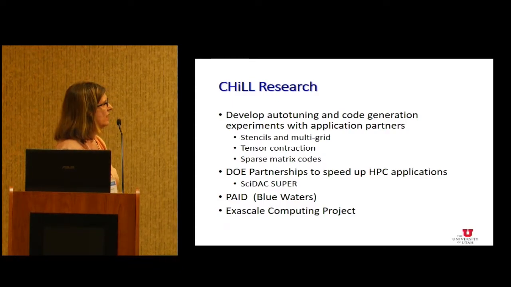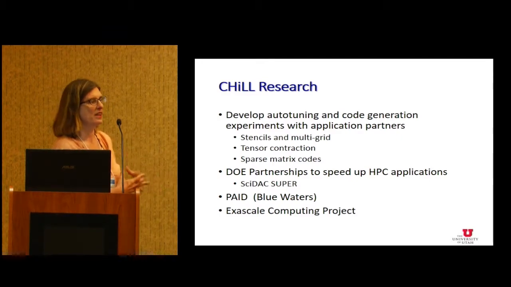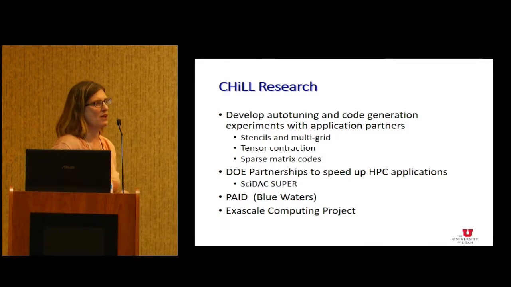We have DOE partnerships that are similar to the PAID projects to speed up HPC applications, and then we have the PAID projects that are doing that for Blue Waters. And I think that to distinguish PAID from SciDAC, for example, the partnership with NCSA means that we're much more integrated into the platform itself. We're also just starting an exascale computing project to look at auto-tuning in the context of some of these application domains.